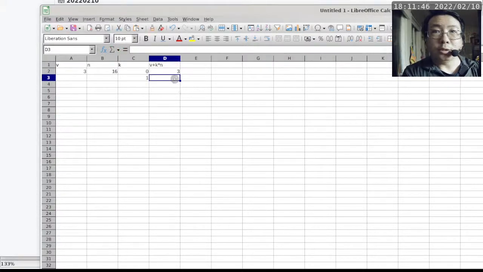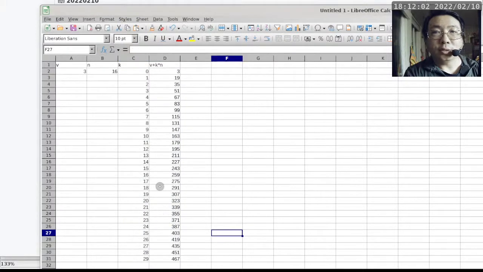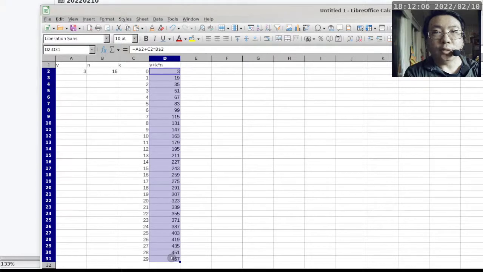I need a dollar sign because certain references cannot float with the cell itself. So now we have these two, and then I can just replicate these two cells and give you all of these things. When you look at column D, all of these are congruent modulo 16 with everything else that is also selected. So all of these are quote-unquote congruent.